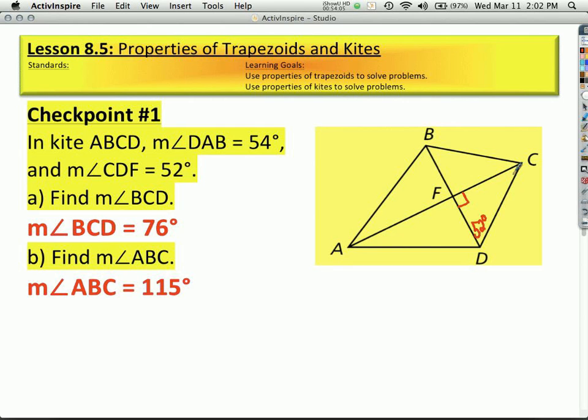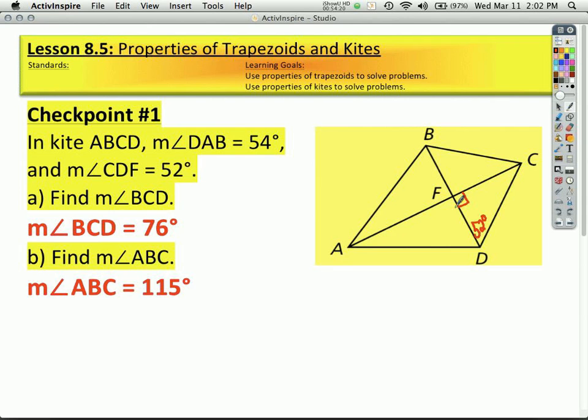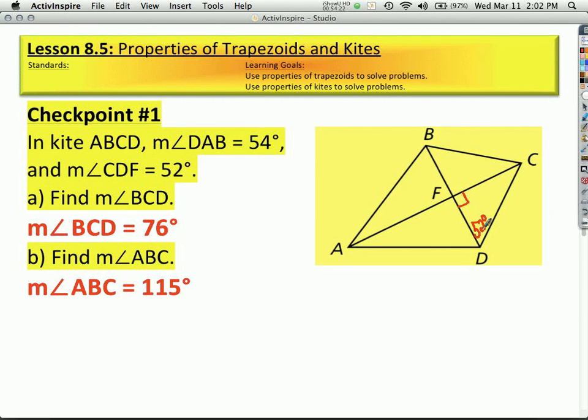So now tell me what's that right there? Okay. So by the triangle sum theorem, you got 90 and 52. You can figure out that angle. And so you can figure out pretty much every single thing from there. Okay?